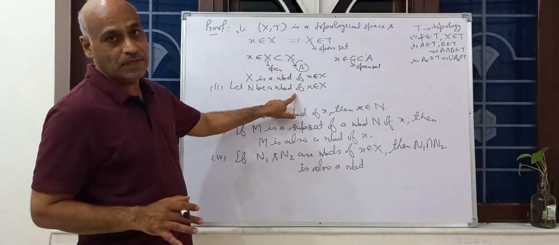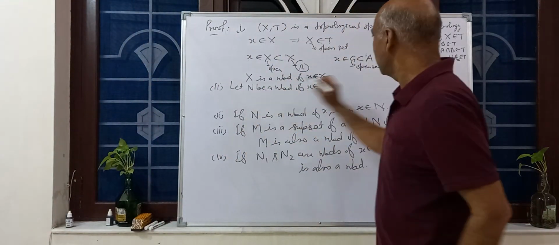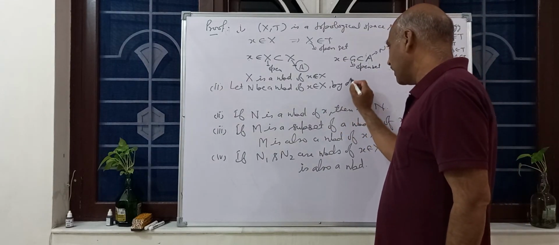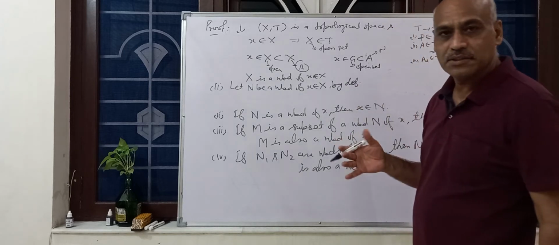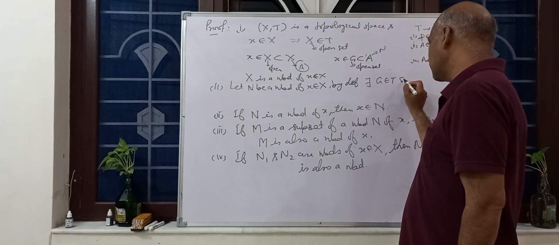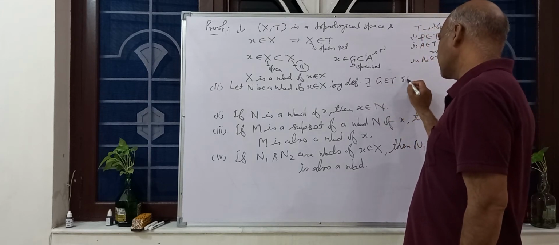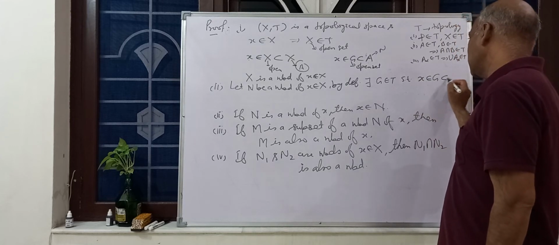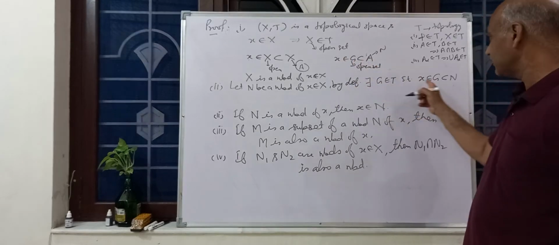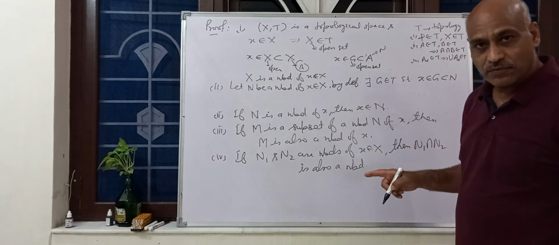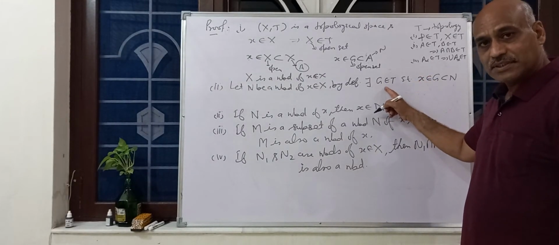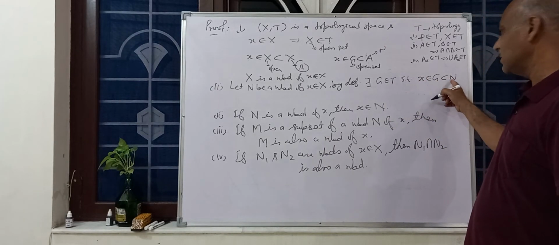N is a neighborhood of x belongs to X. What is the definition of neighborhood? There exists G belongs to T such that x belongs to G subset of N. So if N is a neighborhood of x, then there exists G belongs to T, an open set, such that x belongs to G subset of N.